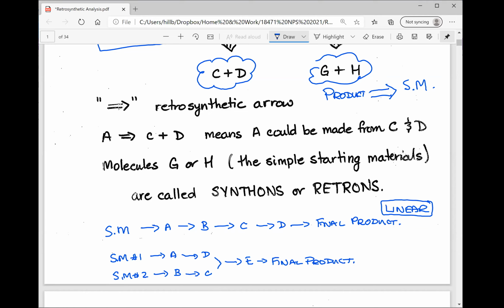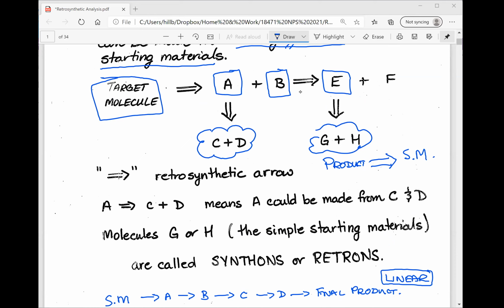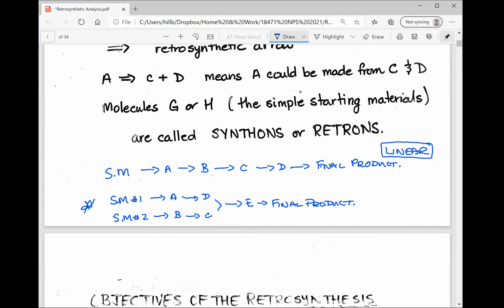And this one here would be very similar to what I've drawn here, because G and H would make E, F plus that would make B. This whole mess would be very similar to this one here.